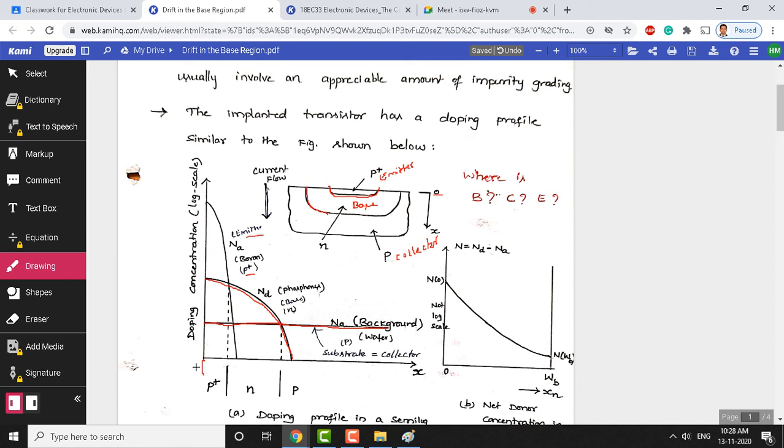So, x is equal to 0 here, and as you move deeper, you can see that the x value keeps increasing. When we look at the physical structure, the x value keeps increasing when you move from emitter to the collector. Same here also, this is our emitter, base and collector when you look from the x axis point of view.